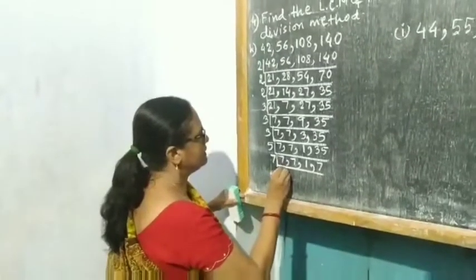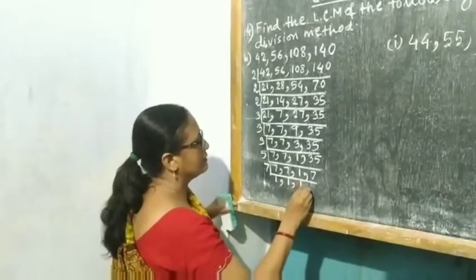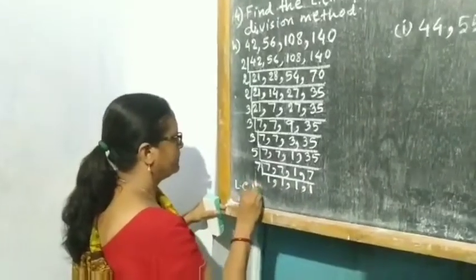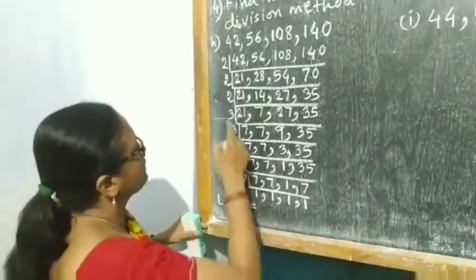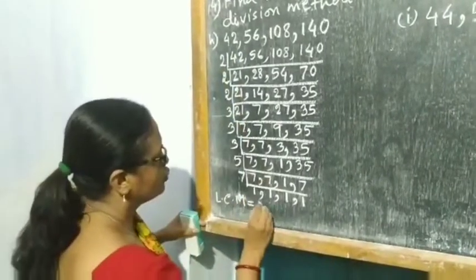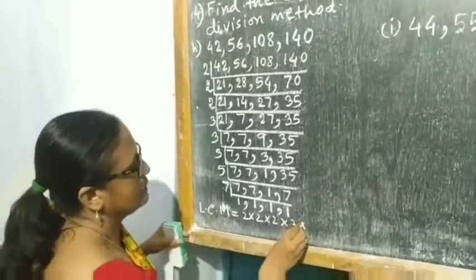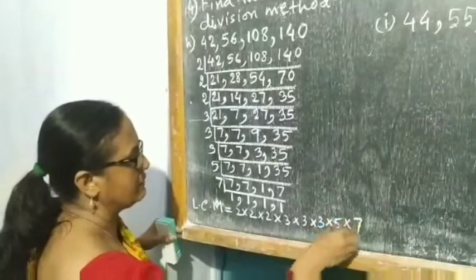7 divided by 7, 1. Now take the LCM. So take the product of the prime factors. So 2 into 2 into 2 into 3 into 3 into 3 into 5 into 7.